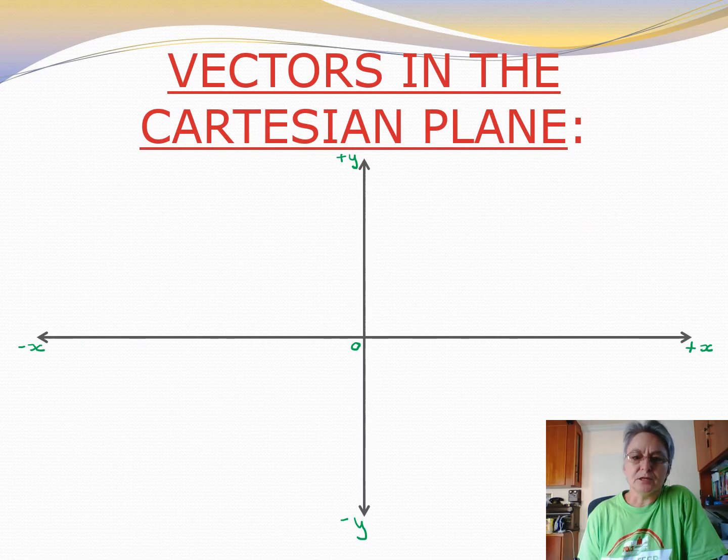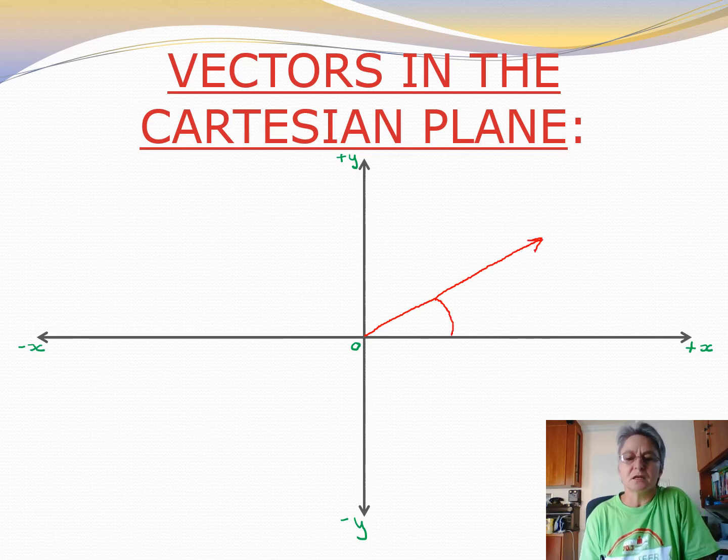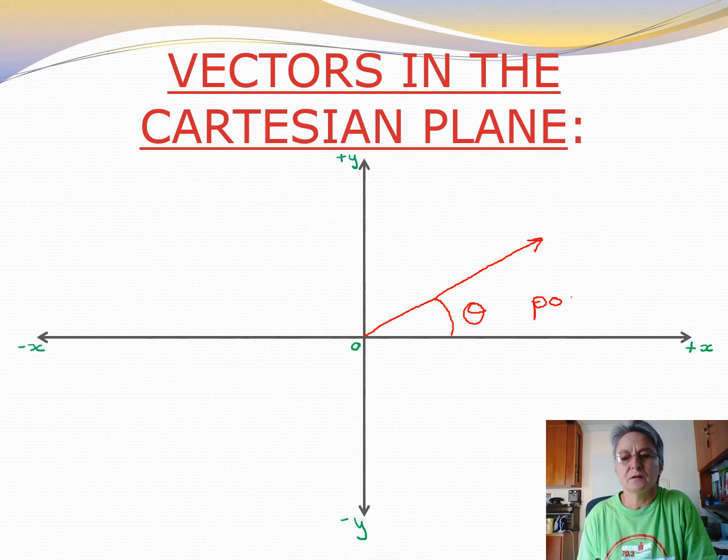Now, some vectors are measured in the Cartesian plane. The Cartesian plane is your xy plane. Sometimes the angle is measured with respect to the positive x-axis or the negative x-axis. It doesn't matter. So this is the angle with the positive x-axis.